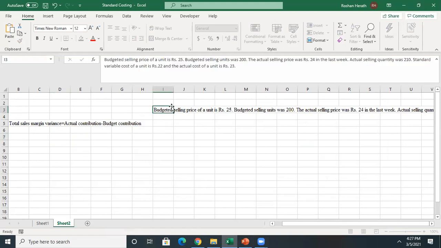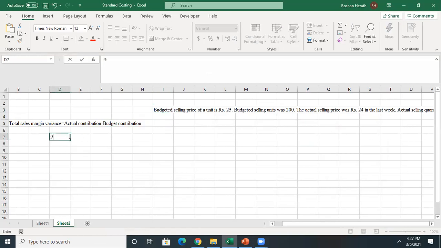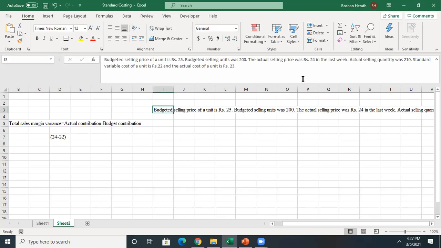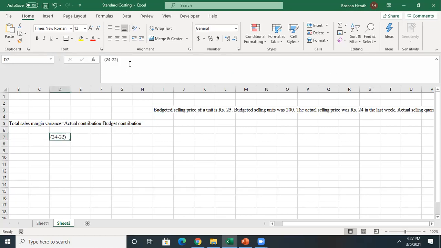Standard variable cost 22. So actual selling price is 24, the cost is 22, and how many units have you sold? Actually, you have sold 210. So this is your actual contribution.